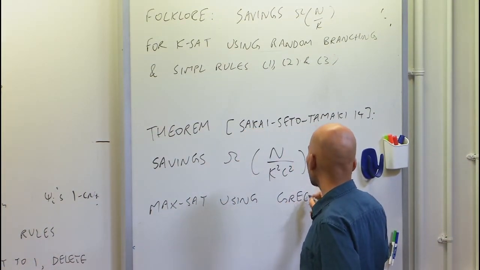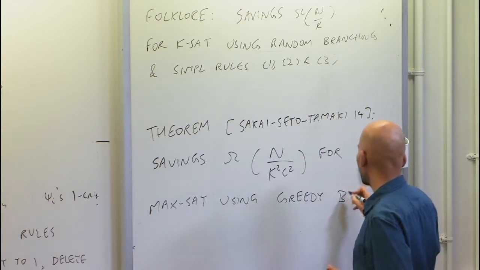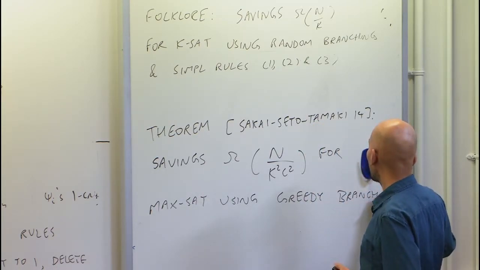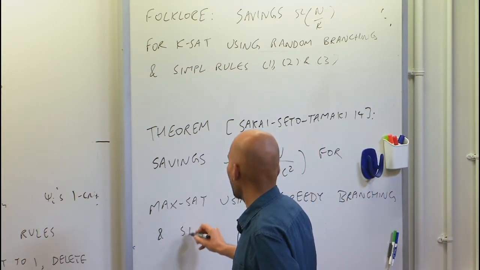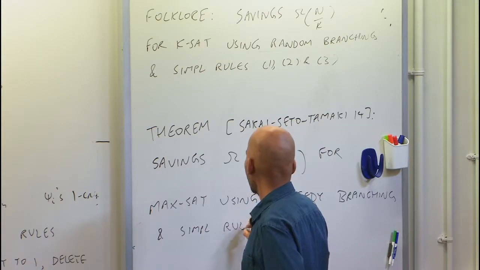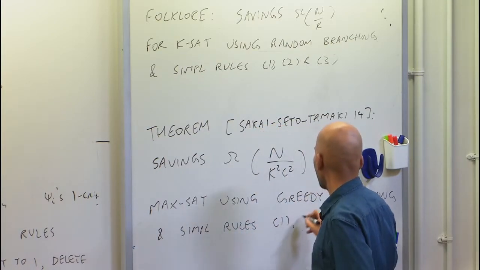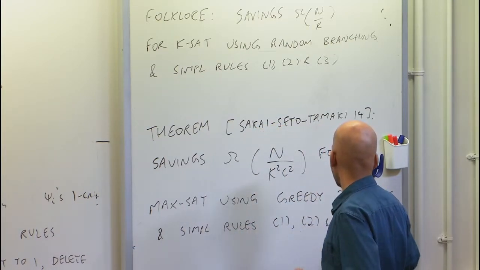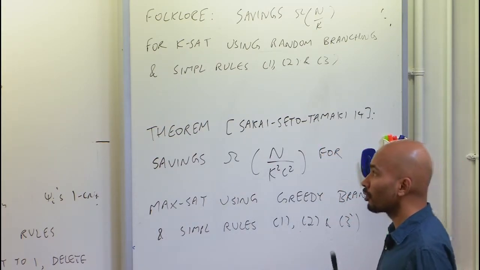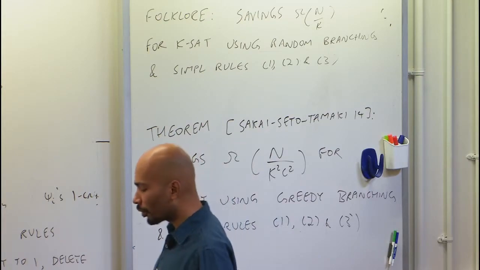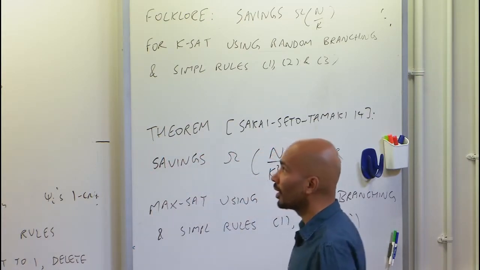So the branching rule is going to change slightly, and in fact it's going to be good in a way, because the algorithm will now be deterministic rather than randomized. Earlier the branching was random. At each node, you just picked a variable at random to branch on. And now it's going to be greedy.